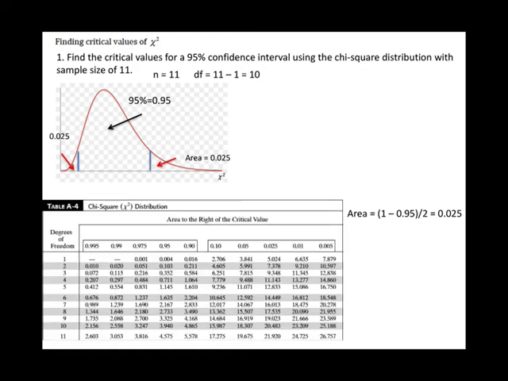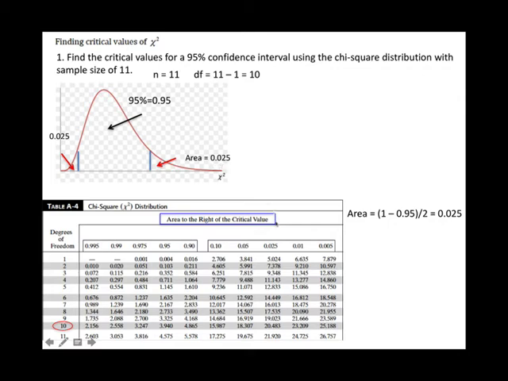Now look at Table A4. We have degrees of freedom equal to 10, so look for the degrees of freedom here. Let's find the critical value chi-squared to the right first. For chi-squared to the right, the cumulative area from the right is 0.025.